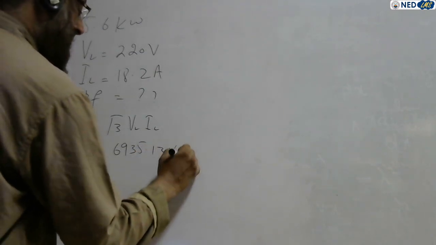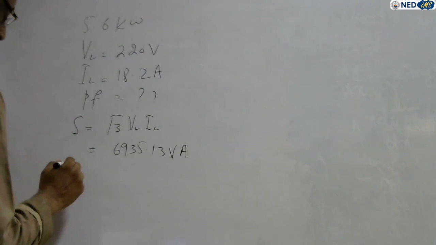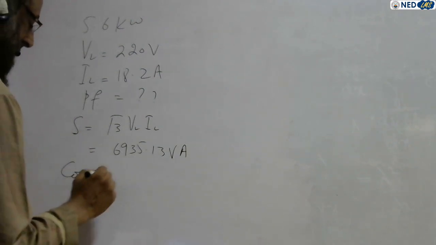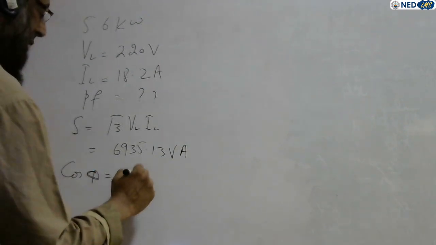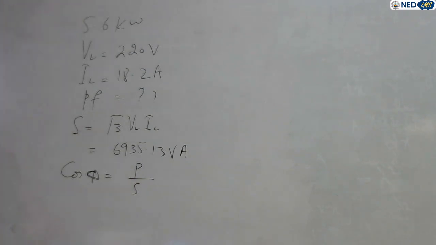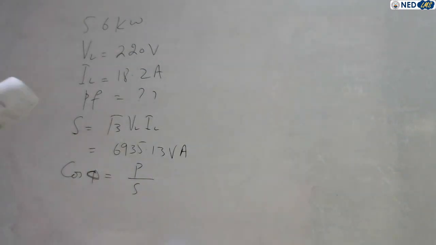6935.13 volt-amperes. Okay, so we know from our previous knowledge that the power factor, that is cos phi, equals the ratio of active power over apparent power. Cosine phi is the ratio of active power over apparent power.